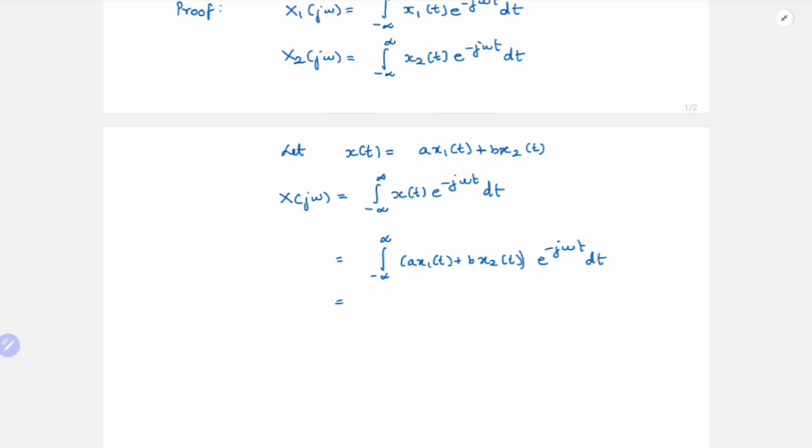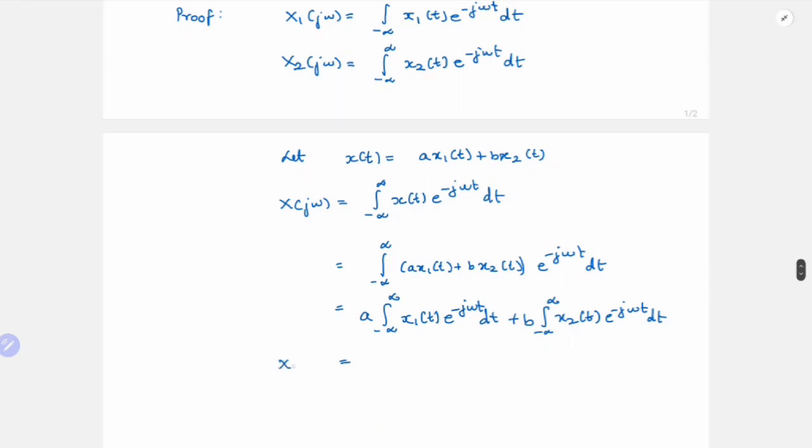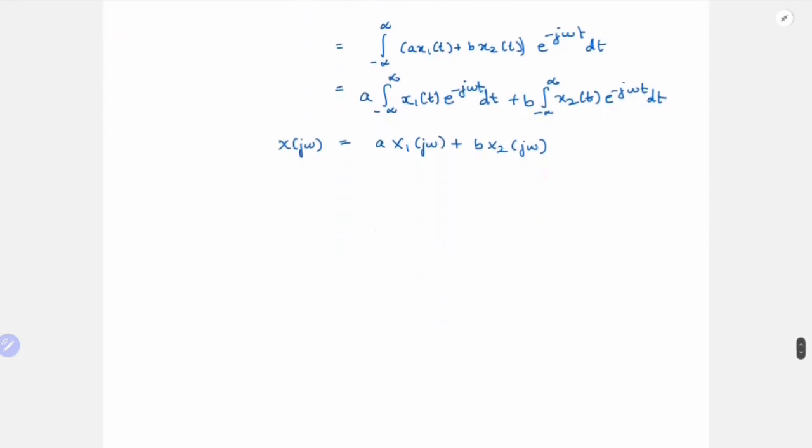So now if I expand the parenthesis, I'll get a integral minus infinity to infinity x1 of t e power minus j omega t dt plus b integral minus infinity to infinity x2 of t e power minus j omega t dt. And we know this is nothing but x1 of j omega and this is x2 of j omega. So x of j omega is nothing but a x1 of j omega plus b x2 of j omega. So a and b can be complex here. It doesn't really matter. Okay, so this is the linearity property.